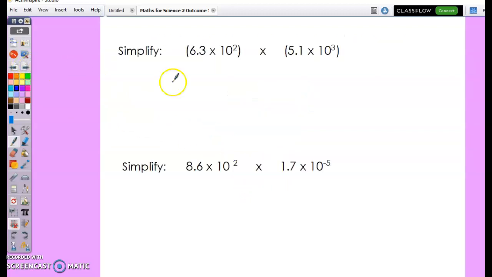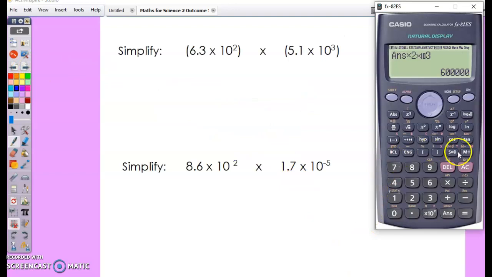Try another one: 6.3 times 10 to the power of 2, and so on. We don't need these brackets in, but you will sometimes see them, so I've included an example with the brackets in case you see it written that way. Again, when I'm typing in my 6.3 times 10 to the power of 2, the times 10 and the number all come from that button there.